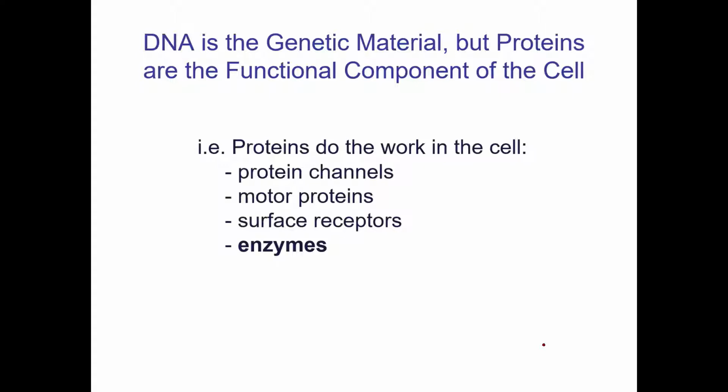Okay, so let's talk about genes and a little bit of history for you. So 120 years ago, people had figured out what DNA was, and they just didn't know what it did. And so there was some debate, as we mentioned a couple of weeks ago, about whether proteins or nucleic acids were actually the genetic component.